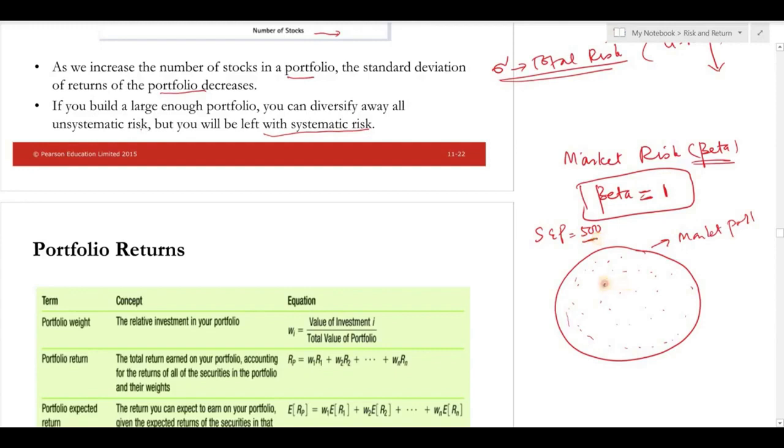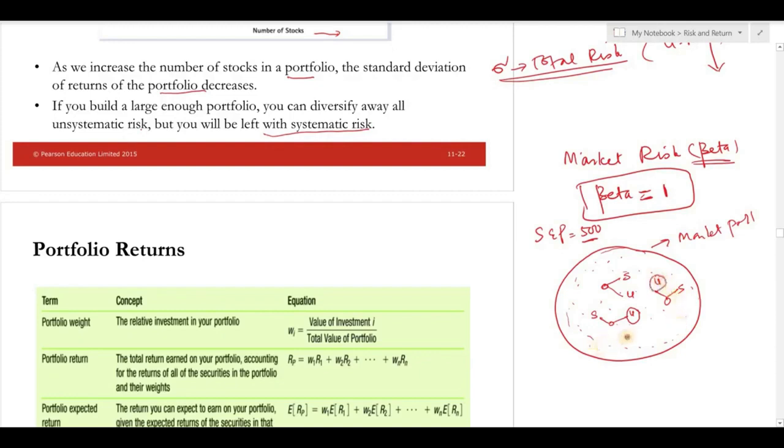Okay, so for instance, every company has its systematic risk and unsystematic risk. Okay, so if we include all possible companies in a portfolio, then the particular unsystematic risk of one would be offset by another one, right?